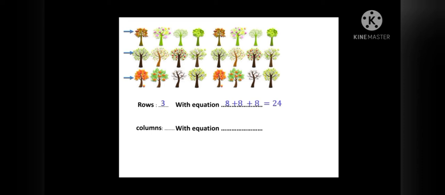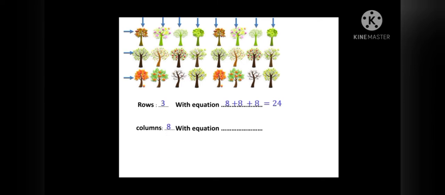He asked me now how many columns. The column is standing, so count with me. 1, 2, 3, 4, 5, 6, 7, 8. I have here 8 columns. To know the equation, what should I do?